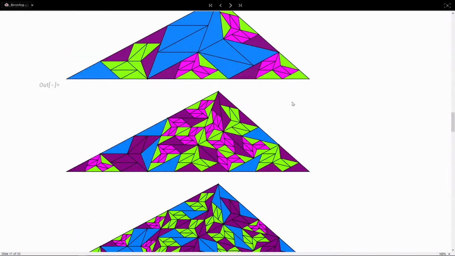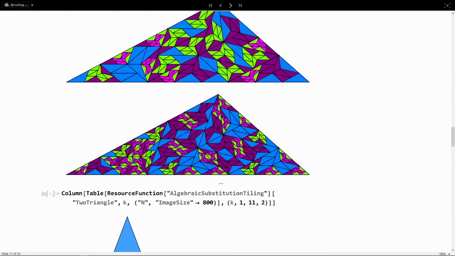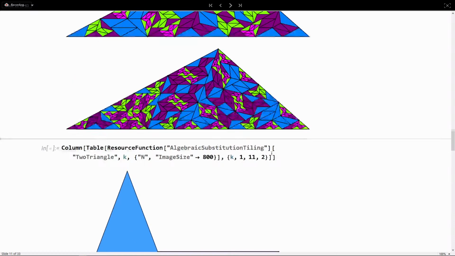You get this substitution tiling that wasn't known before. So 2 is one of the magic numbers, and I actually proved that it had this nice tiling property in geometry because of that similar triangle thing I showed earlier. It turns out you get this nice substitution tiling pattern out of it.